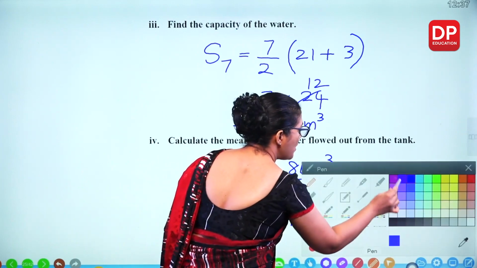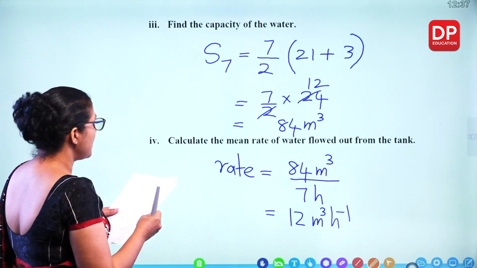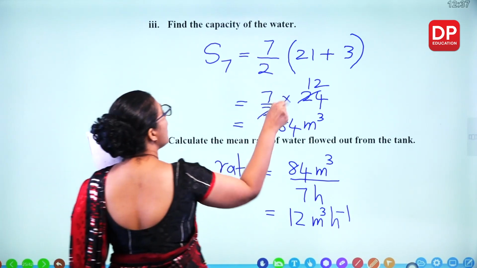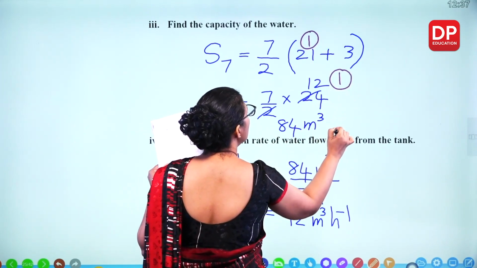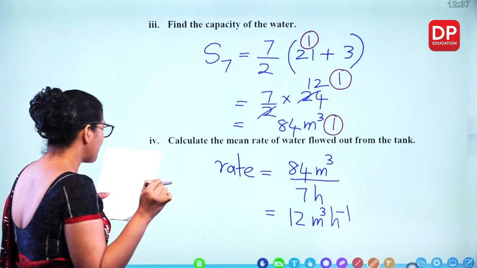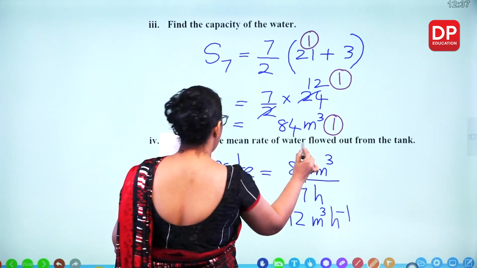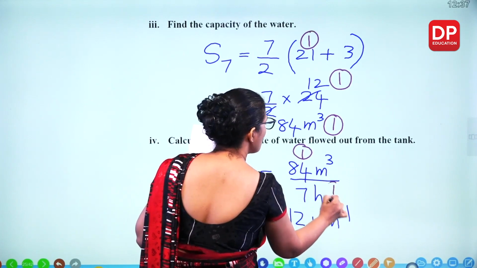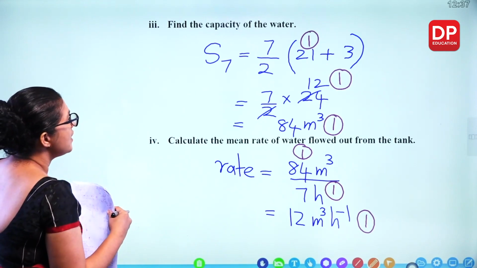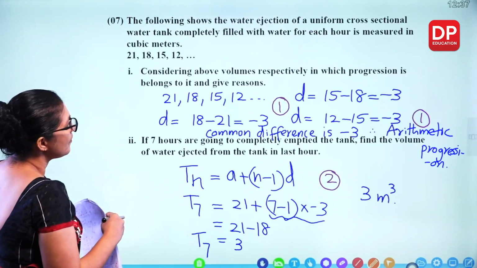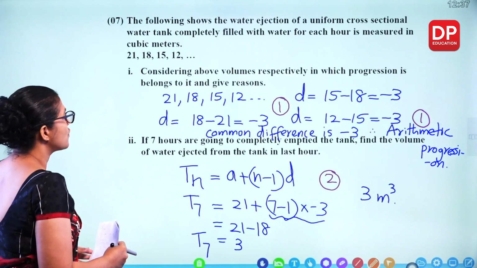Now, how many marks for these 2 steps? You get 3 marks for finding the total, 1, 2, 3. And then to find the rate, also 3 marks, 1, 2, 3. So 3 and 3 is 6, 7, 8, 9, 10. So altogether 10 marks for that question.